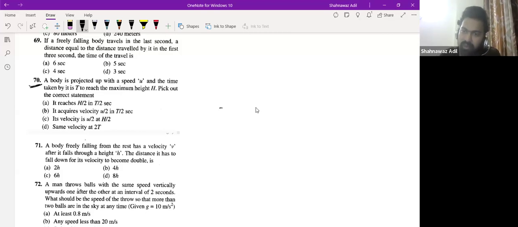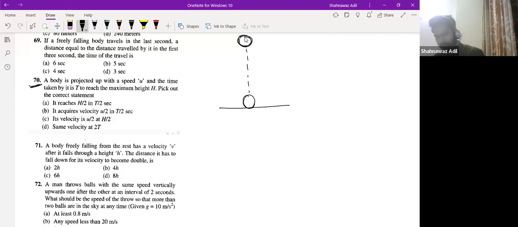So we have this object, and it goes to the maximum height. What is the velocity at maximum height? When it reaches the maximum height, the velocity becomes 0 because it cannot go any further.